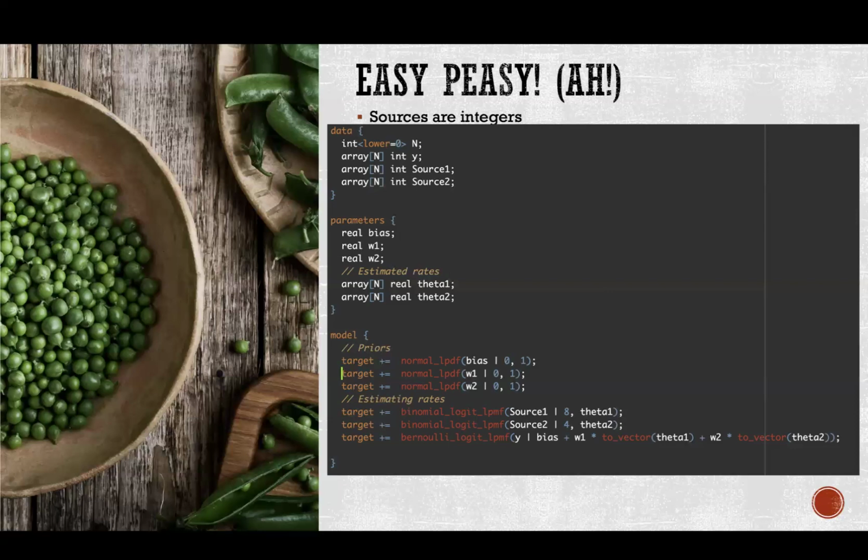Right. But no, this is actually saying, given that we know source 1 and we know 8, estimate theta. It's the only parameter, because the idea is that we have this general form, and thanks to Bayes, we can just put in whatever we have, and Bayes will estimate whatever we don't have.